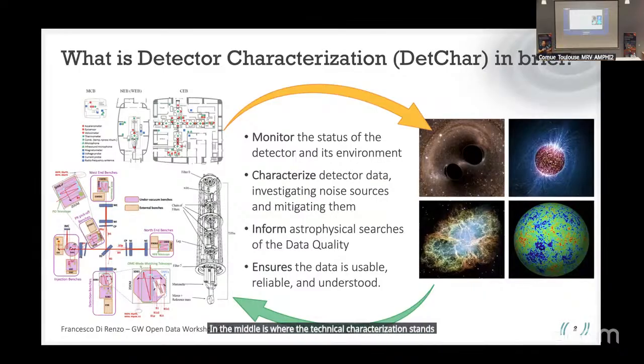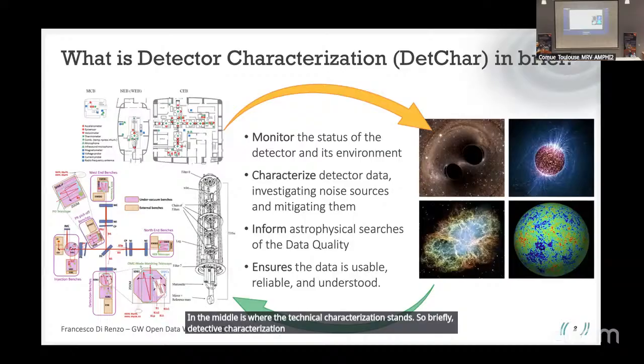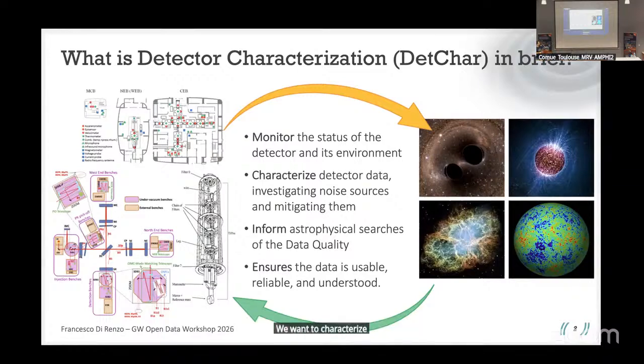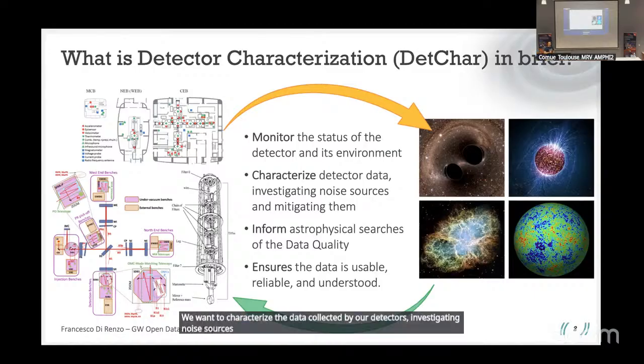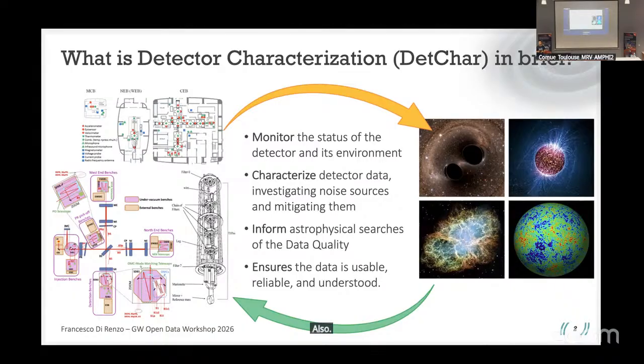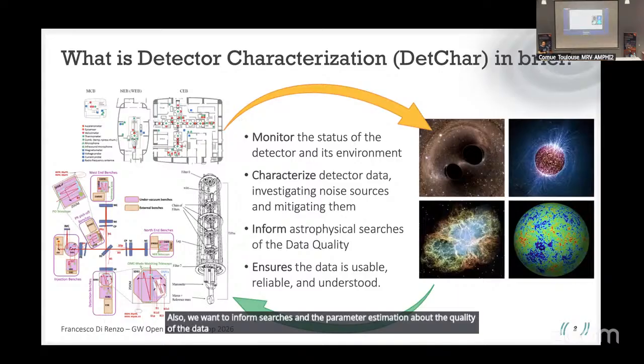So briefly, detector characterization is about monitoring the detector, the states of the detector, its subsystems, and their physical environments. We want to characterize the data collected by our detectors, investigating noise sources, and hopefully mitigating them to have more sensitive detectors. Also, we want to inform searches and parameter estimation about the quality of the data, to say to them: pay attention, this data is not super clean.